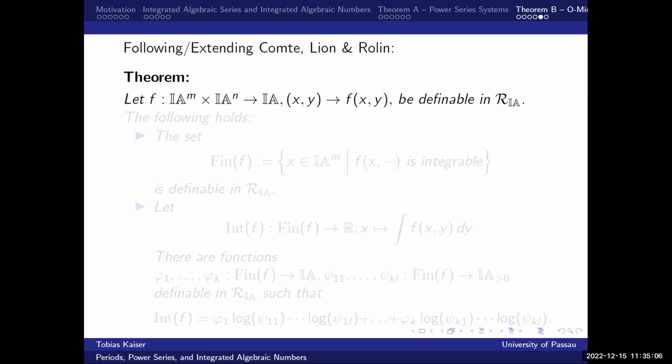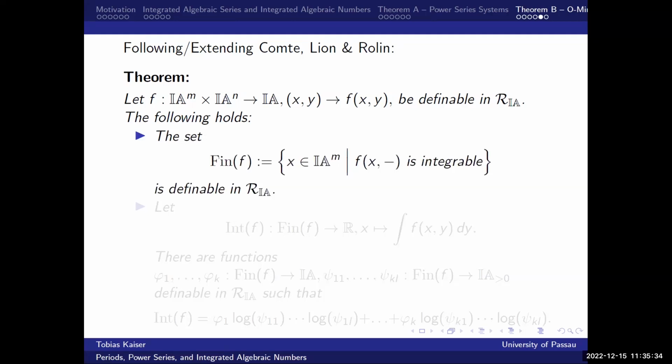I have here a function in our structure, of x and y, where x is the parameter and y is now not a single variable anymore, an arbitrary variety. So what to think of? x is a parameter, I integrate with respect to y. What do we have? The set of all parameters where this function is integrable with respect to y.